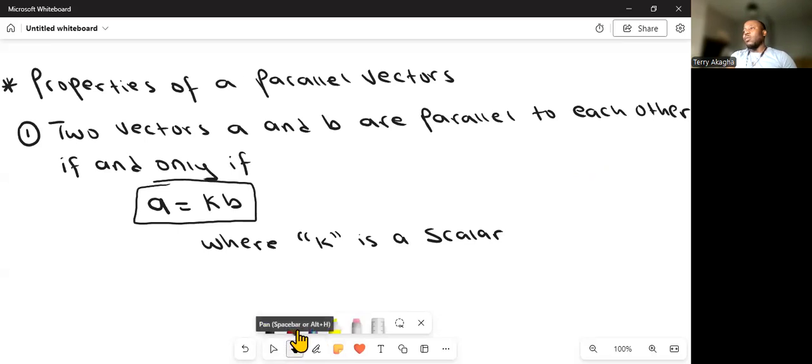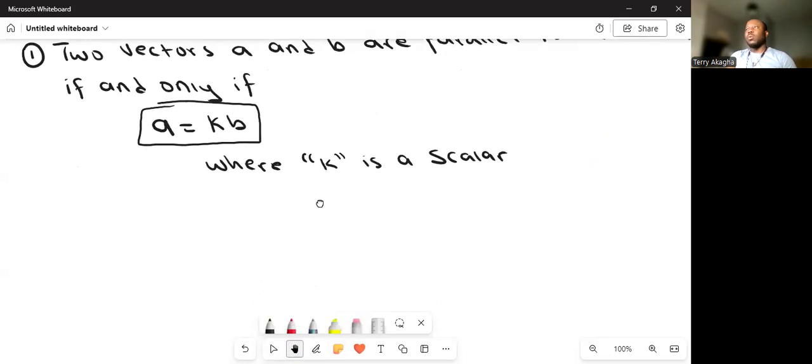Then for number two, two vectors A and B are parallel. If they're in the same direction, k must be greater than 0, but if they're in the opposite direction, k is going to be less than 0.